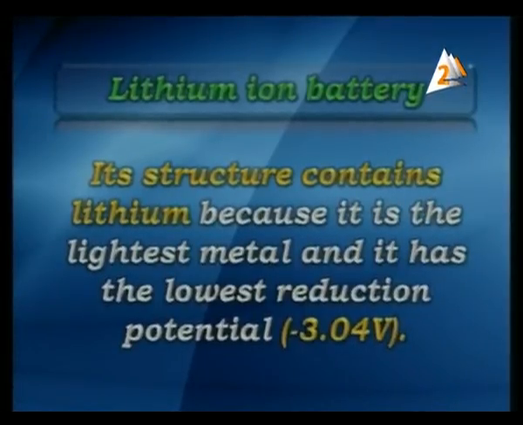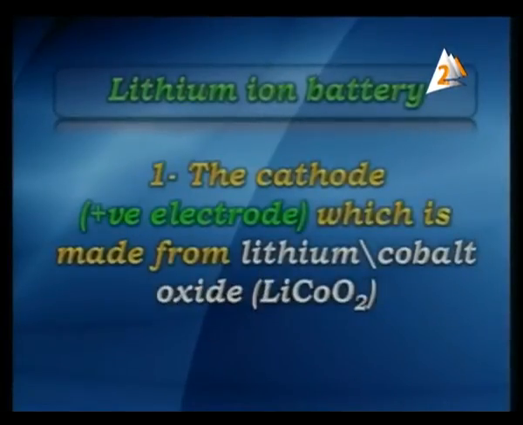Look at this. The first part of this battery in the reaction is the cathode, the positive cathode, which is made from lithium cobalt oxide, LiCoO2. The symbol of this battery is Li, small c, small o, and O2.